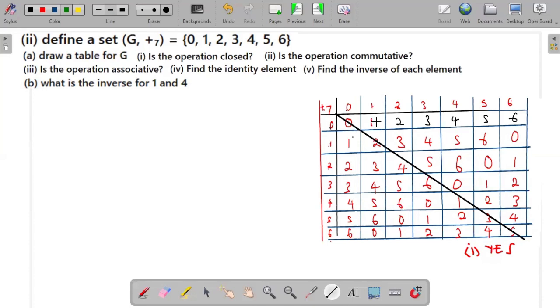So I can see 1, 1, 2, 2, 3, 3, 3, 3, 4, 4, 4, 4, 4, 5, 5, 5, 5, 5, 5, 6, 6, 6, 6, 6, 6. I go to 0, 0, 0, 0, 0, 0, 0.